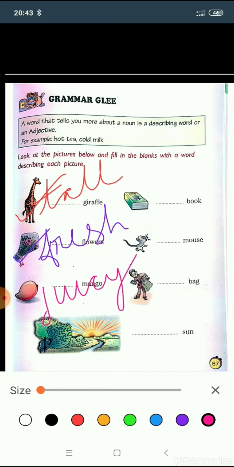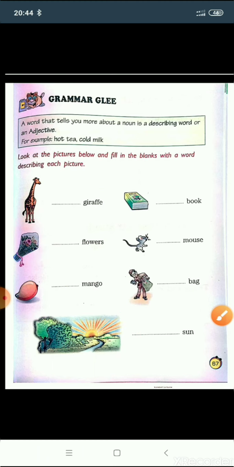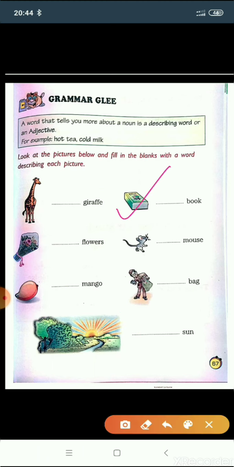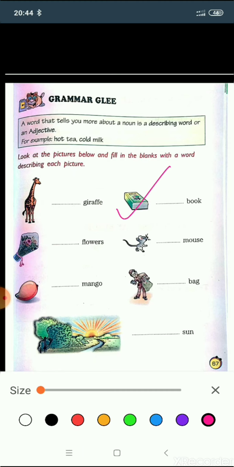Juicy mango. You can use the word ripe also. Ripe. You can either use juicy mango or ripe mango. Both are describing words. Then coming to the next picture. It is book. Now which word can we use to describe? We can say thick book. We can say thick.